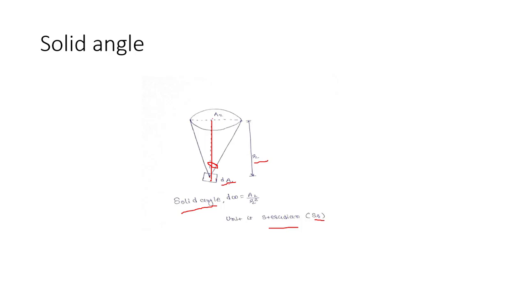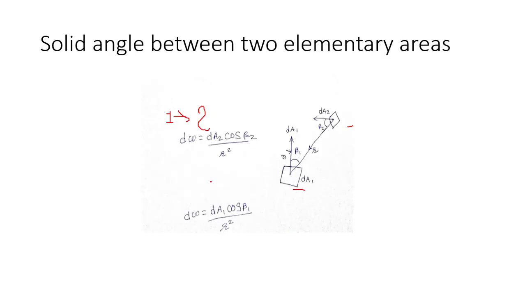There is no angle between their both axes. If both areas are at an angle, then we can write area as dA cos beta if the radiation is transferred from 1 to 2. If radiation is transferred from 2 to 1, then we can write solid angle d omega is equal to dA1 cos beta 1 upon r square.